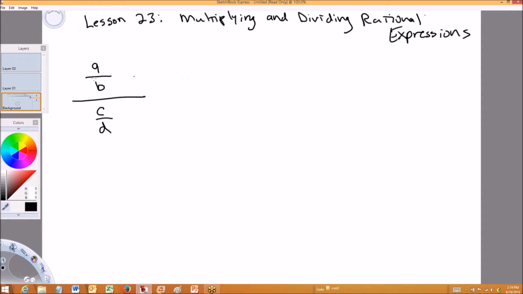Okay, what is this actually saying? This is basically saying this rational expression divided by this rational expression, or if we had coefficients, we could say this fraction divided by this fraction. Property goes like this.